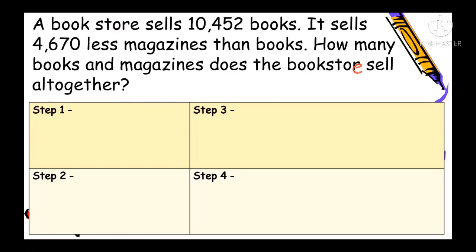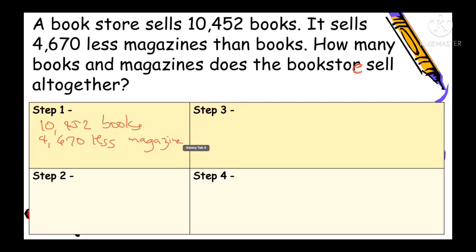So our step 1 is we need to put the given and the question. Correct? So I'll put here the given first. A bookstore sells how many books? 10,452 books. And then another given, we have 4,670 less magazines.